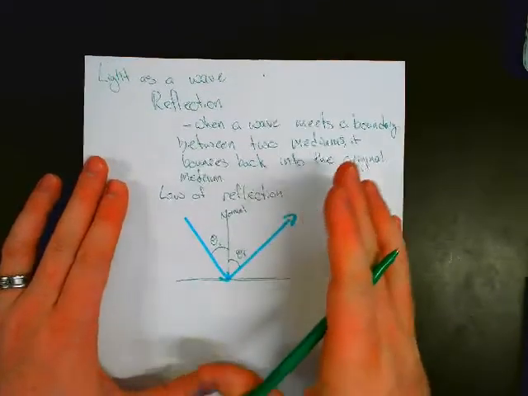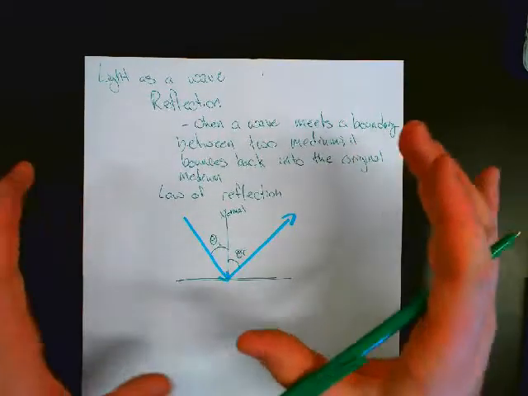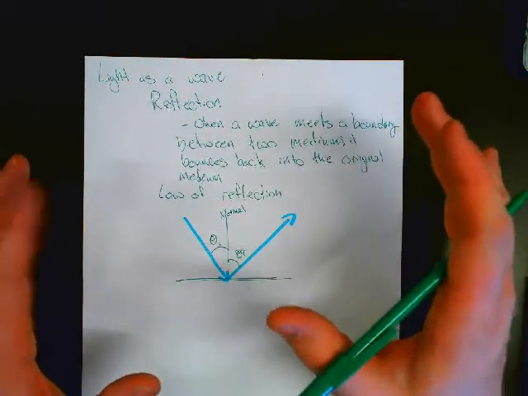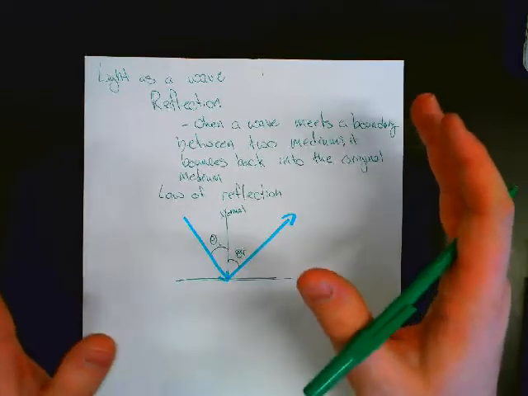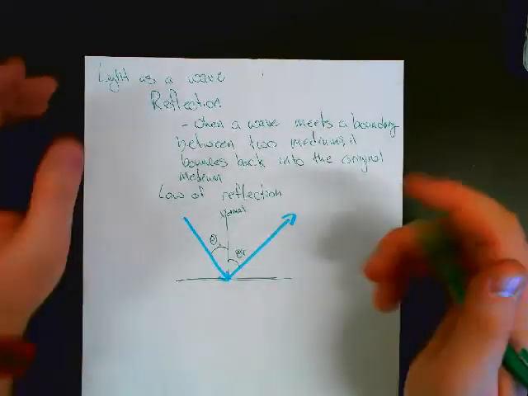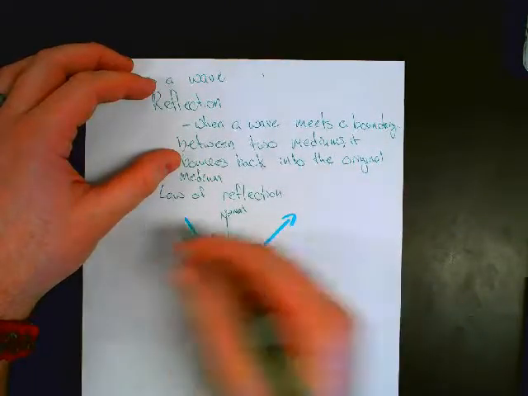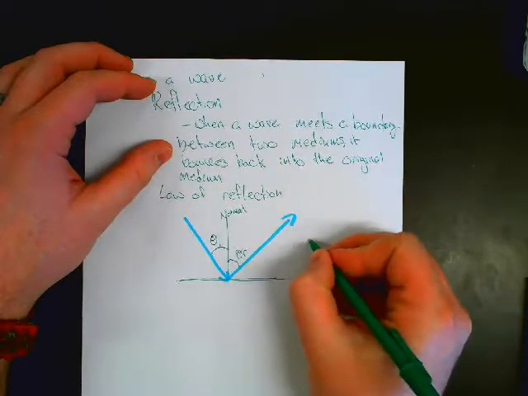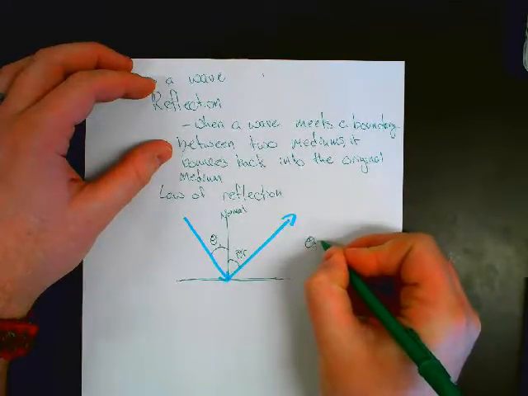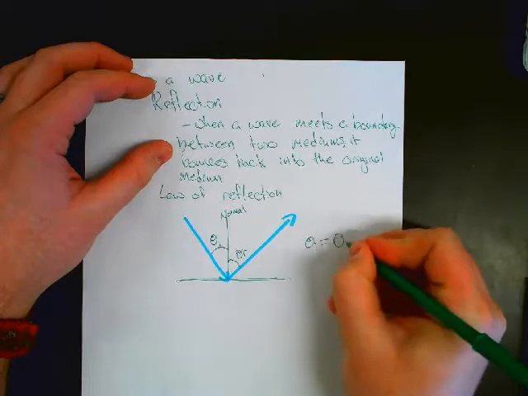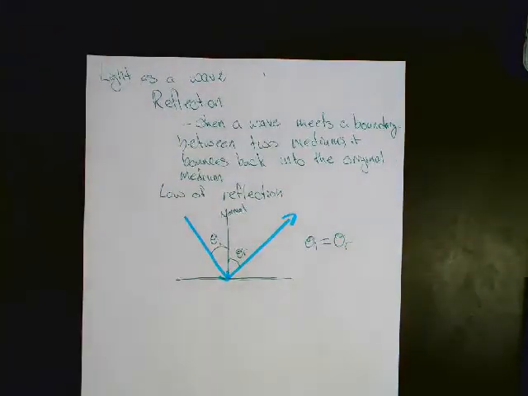Now, this is probably the most intricate math equation that we've talked about yet this year. So I might have to go over it a couple times. Let me know if you've got questions on it. Mathematically representing the law of reflection, theta I is equal to theta R. So the incident angle is always equal to the reflected angle.